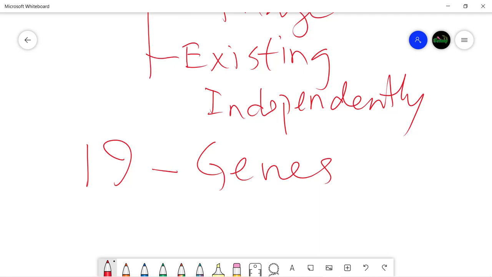So this F factor confers upon its host cell, that is the cell in which it is present, the ability to conjugate. So this is a circular piece of DNA containing about 19 genes, and it is responsible for the synthesis of F pilus or sex pilus, through which conjugation takes place, or the transfer of DNA takes place.